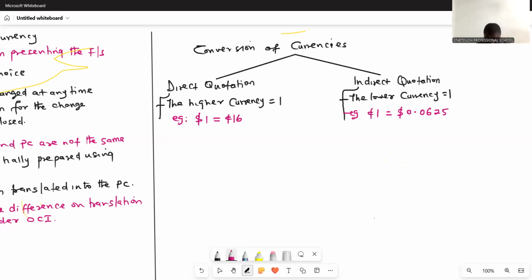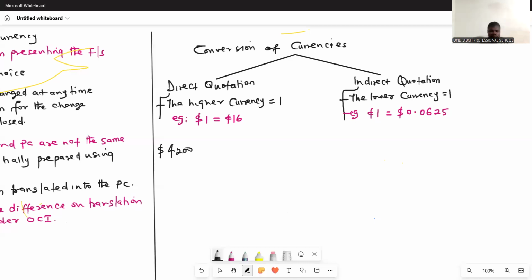So let's assume that you've quoted $1 to 16 cedis. You have $4,200. You want to convert.